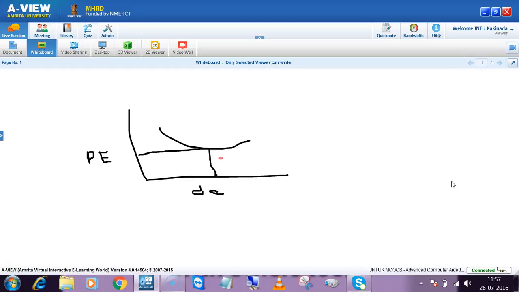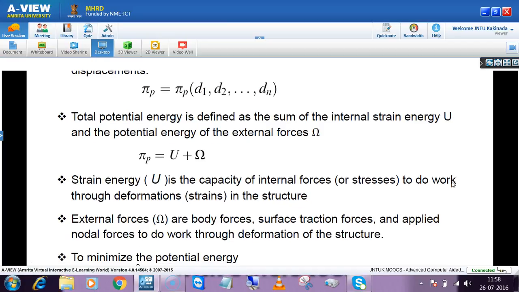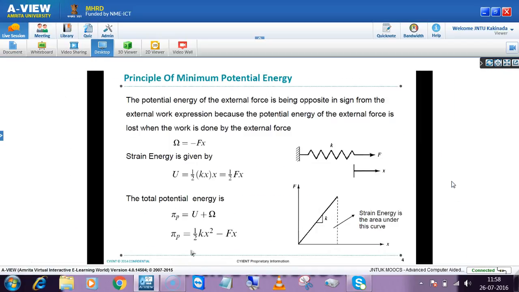This can be achieved if this is the potential energy function, then we can get this point by differentiating the function with respect to the displacement. So this is what we need to do: differentiate with respect to the displacements.